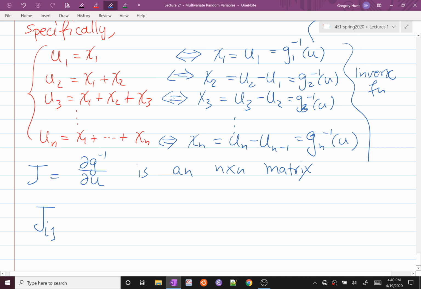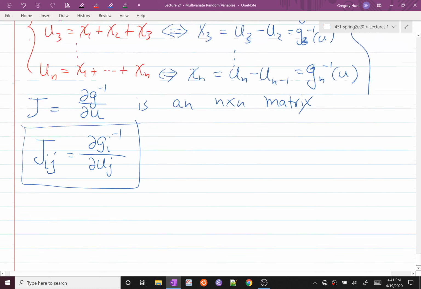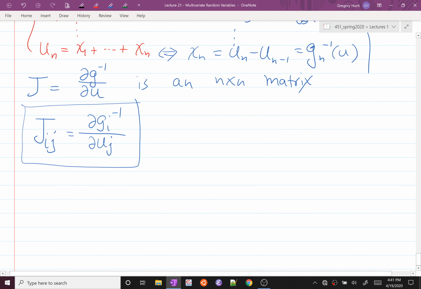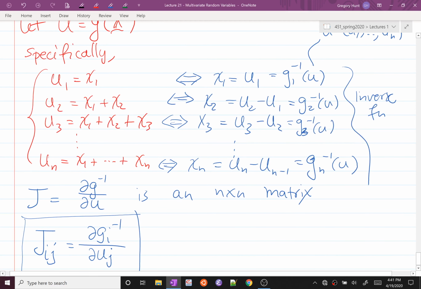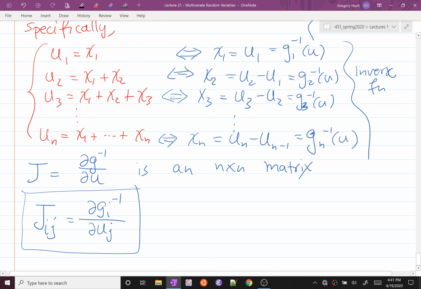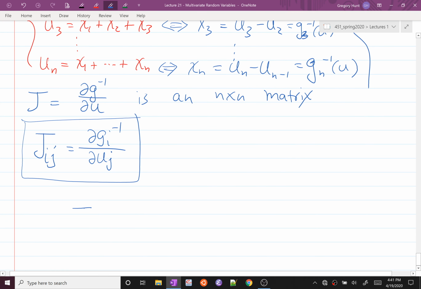The ijth component of this is the derivative of the ith inverse function with respect to u sub j. So that's another way of defining what my Jacobian matrix is. Let's look at what this J matrix looks like. It's some n by n matrix, and we'll spot the pattern pretty quick.